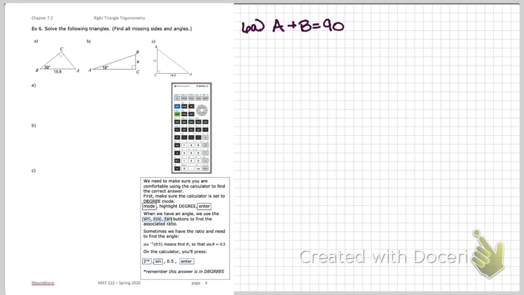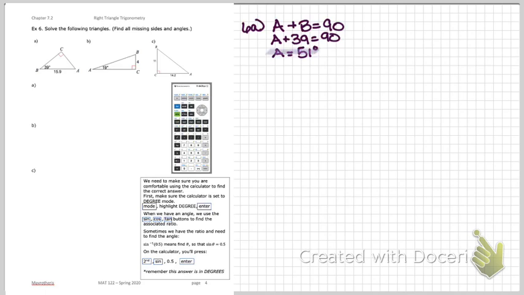All three angles have to add to 180. C is already 90. That only leaves 90 degrees for A and B. We know that angle B is 39. So I got A plus 39 equals 90. So the measure of angle A is 51 degrees. Okay.